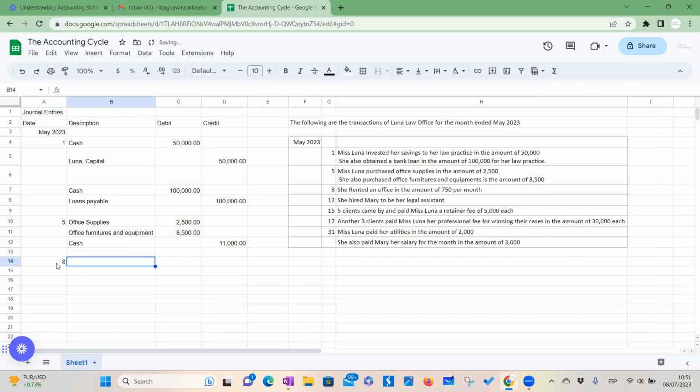So on May 8th, she rented an office in the amount of 750 per month. So let's assume that she paid the rent for her office for the month of May. So we'll debit rent expense of 750 and we'll credit cash of 750.